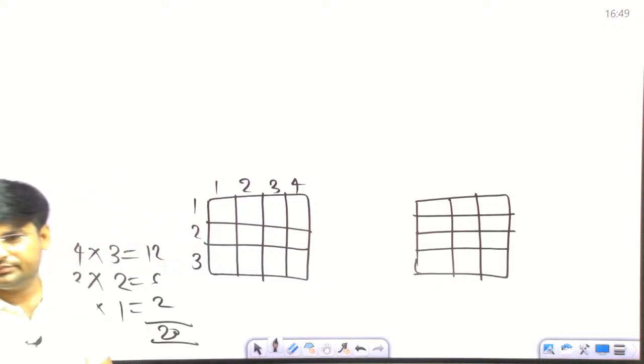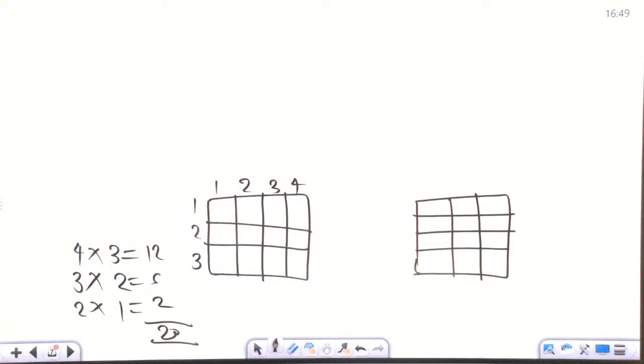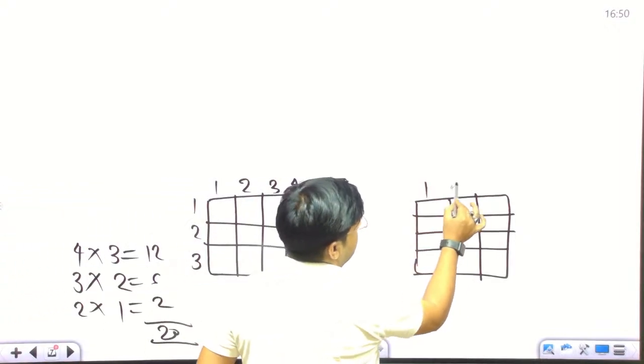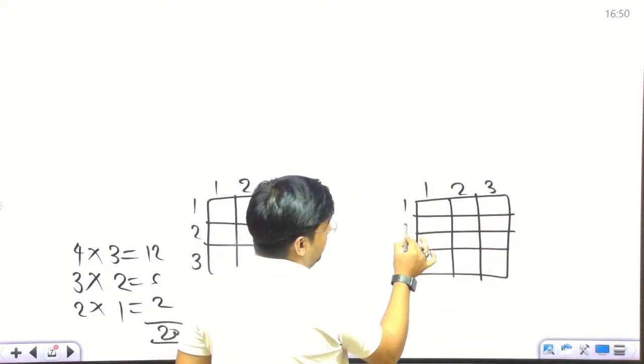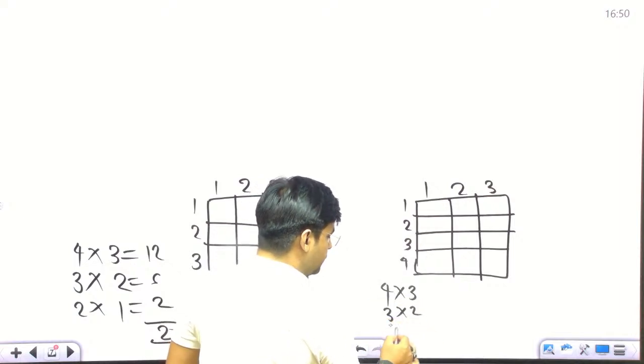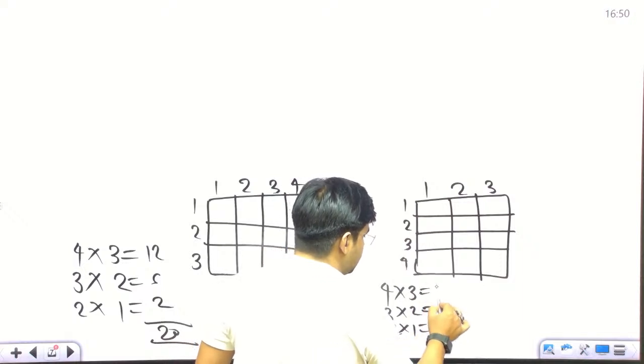How many squares in this figure? 20. How many rows in this figure? 3. 1, 2, 3, 4. 4 into 3, 3 into 2, 2 into 1, 2, 6, 12.